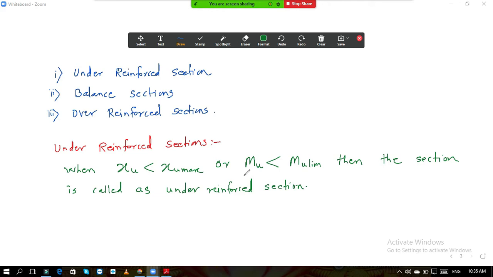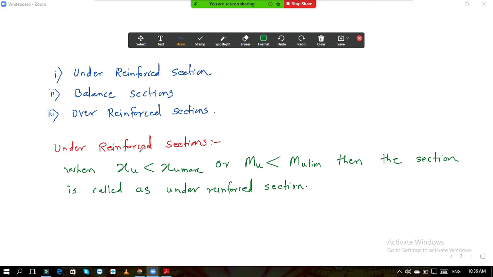So when you hear that a building or wall has failed, it is due to an over reinforced section. In over reinforced sections, concrete will fail first. They are dangerous sections, so we will always avoid designing over reinforced sections. Either we design under reinforced sections or balanced sections. I hope this introduction is understood.